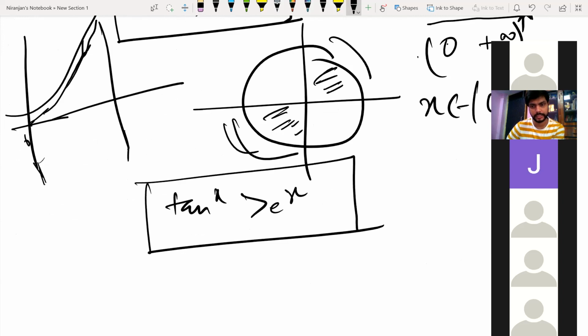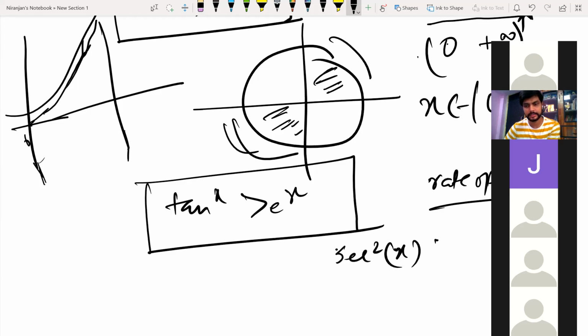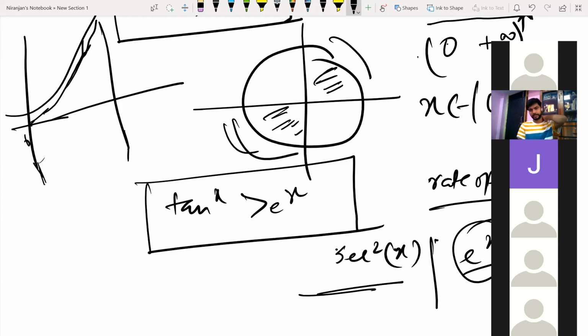And for this inequality, you need to check the rate of change. Do you guys know differentiation? I'm sure, I mean, I don't know if you guys know that or not, but for this problem, just know that we need to differentiate, and for differentiation, you get sec square x as the rate of change, and the rate of change for e to the power x is e to the power x. Now tell me, if your x is positive, I mean always positive, then what can you say about this inequality?